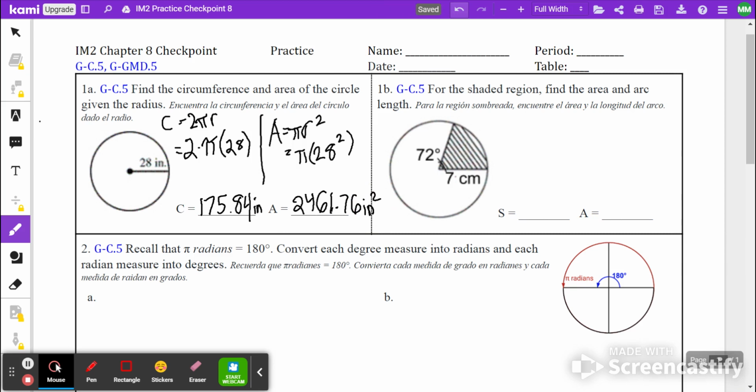All right, now we're going to find the area and arc length for this sector. Okay, so I'm told that this is a 72-degree angle.